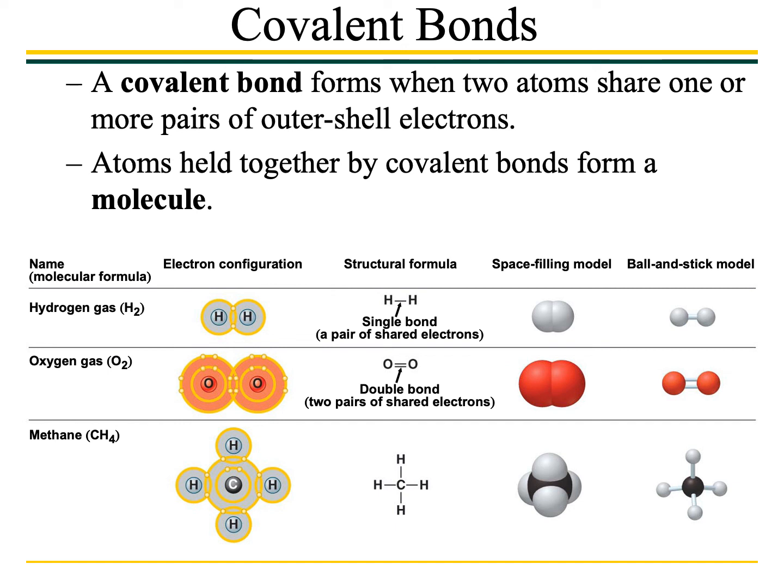So the first molecule in question is hydrogen gas, and also depicted here is the molecular formula. What you see here is the letter H, which is the symbol that represents hydrogen, and the subscript 2, which means there are 2 hydrogen atoms in this molecule. That is the molecular formula. The electron configuration is really important because this very clearly depicts what's happening in a covalent bond. You have one hydrogen atom with its 1 electron in its outermost shell.